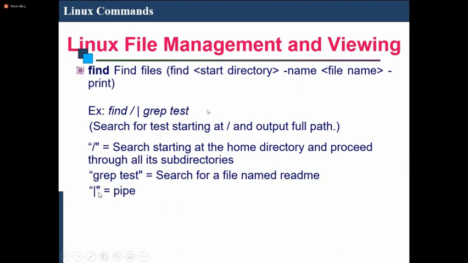So this symbol is called the pipe sign. On your keyboard, it's on top of the backslash. It's the same key, you have to press shift and backslash. It might be different on keyboards, but I think it should be over the backslash key. This is called the pipe sign.